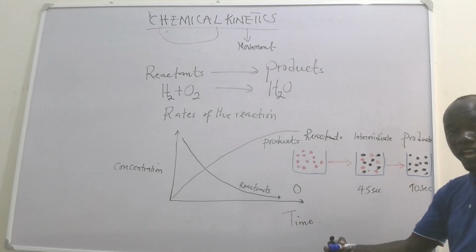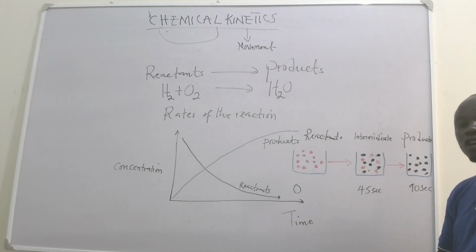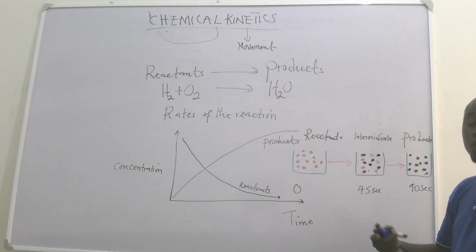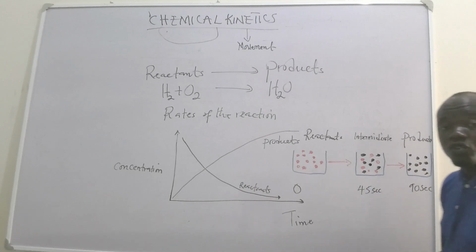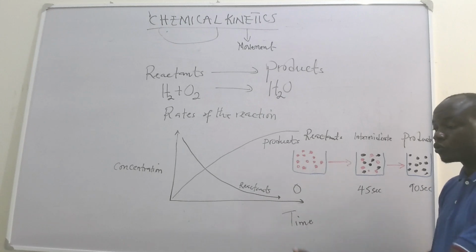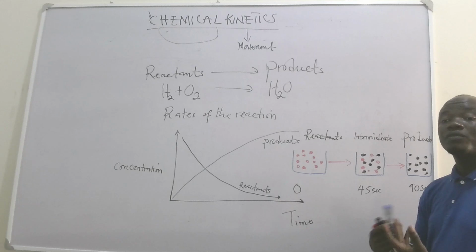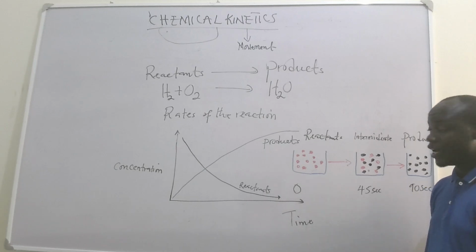So when you say the rate of the reaction, it means the disappearance of the reactant with time, and also the appearance of the product with time. So if we want to measure, and of course in chemistry we have different ways that we can monitor, or assay, the rate of the reaction.